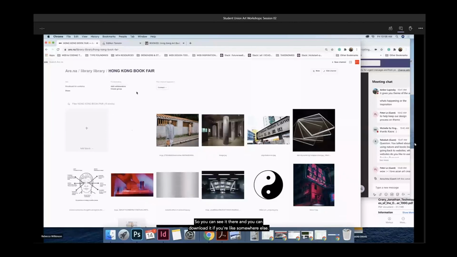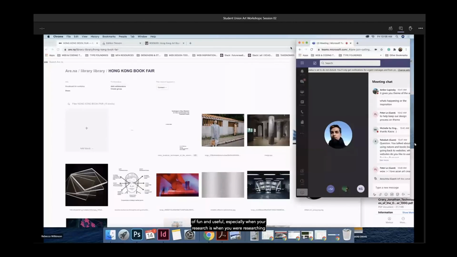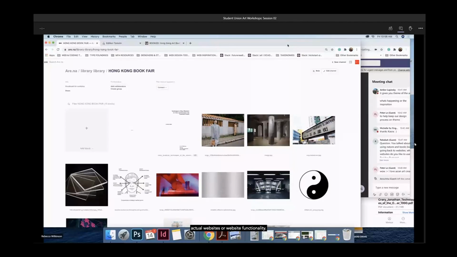Cool, so you can see it there and you can download it if you're somewhere else, not at home, working from school, whatever. And you can also, like I said, share entire websites, which is really fun and useful, especially when you're researching actual websites or website functionality.